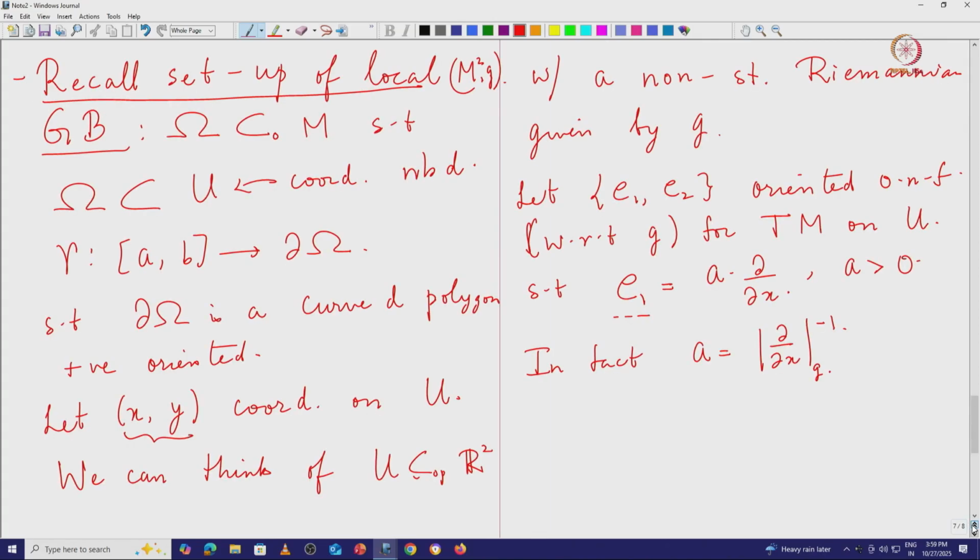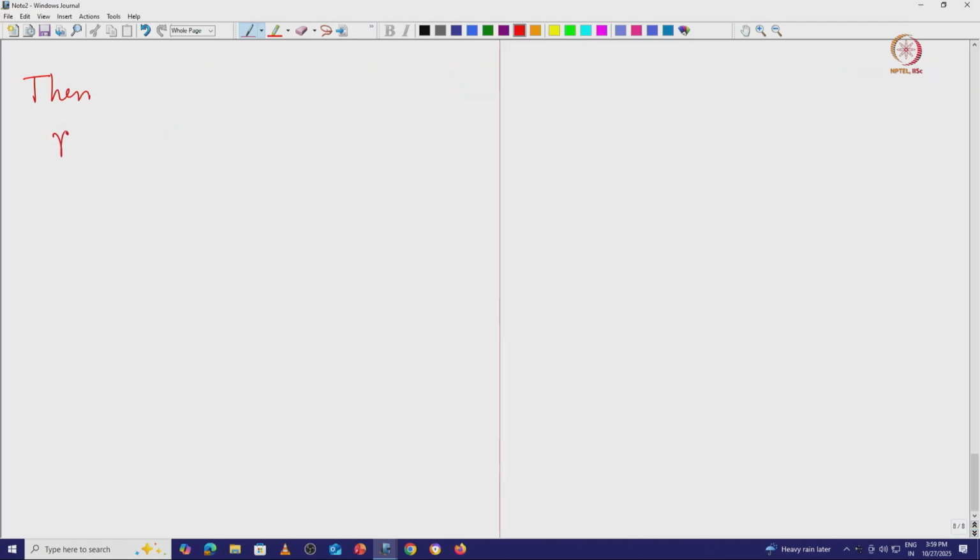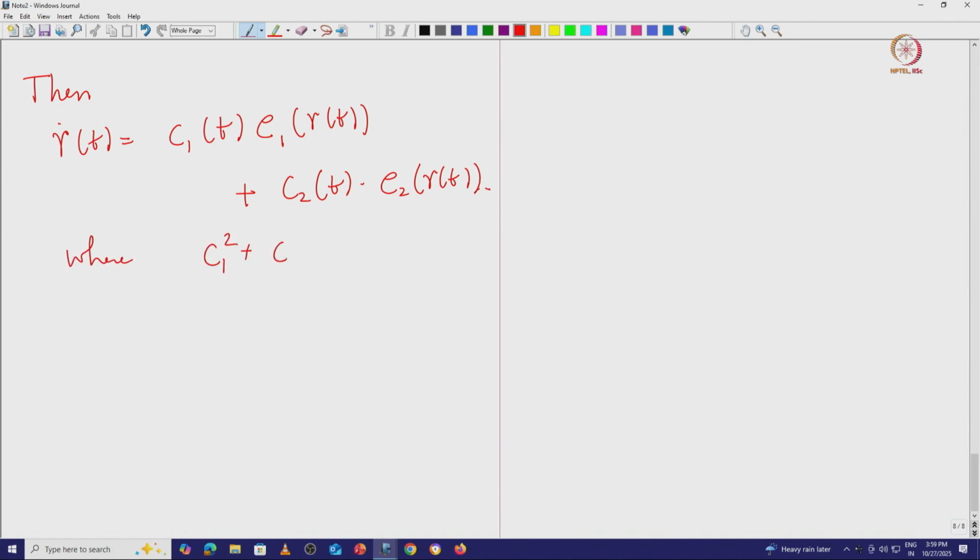Sorry, I should have mentioned that the speed of gamma is 1 wherever it is smooth. So because the speed of gamma is 1, I can decompose the velocity vector as C1 E1 of gamma t plus C2 E2 of gamma t, where C1 squared plus C2 squared is 1. Or in other words, you can think of C1, C2 as points on a circle.